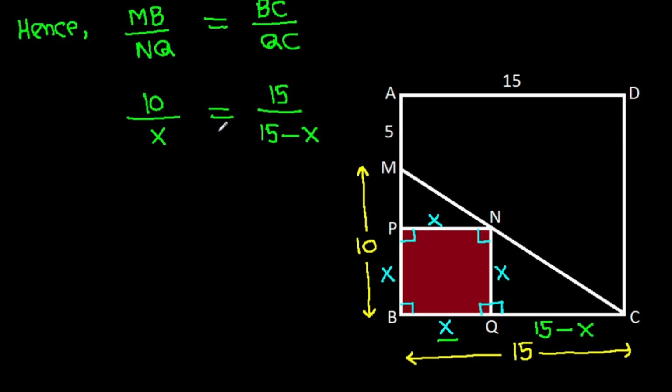If we cross multiply, then 10 times (15 minus x) will be equal to 15 times x.